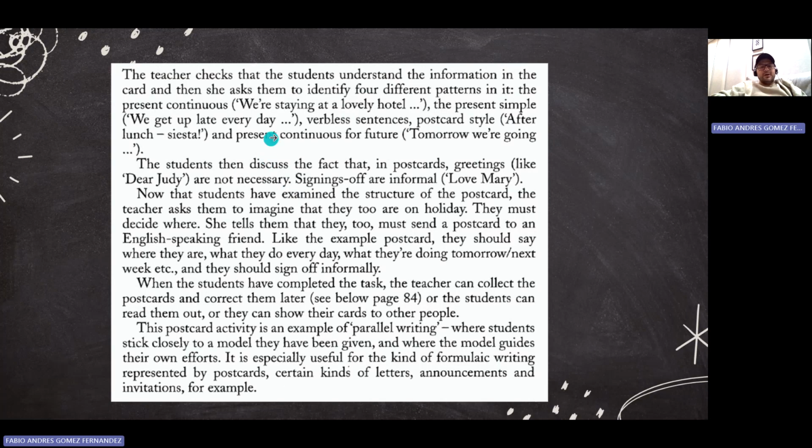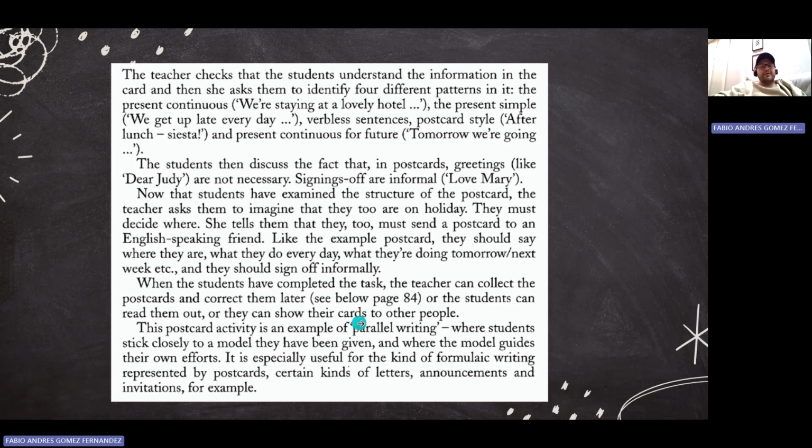You will find here a short description in the presentation on what to do, which is basically check understanding of the information from students, also maybe check on some expressions, then we can move forward to understanding what's the grammar involved in it, and also why not the greetings that we can involve, vocabulary like greetings, and also signing offs.